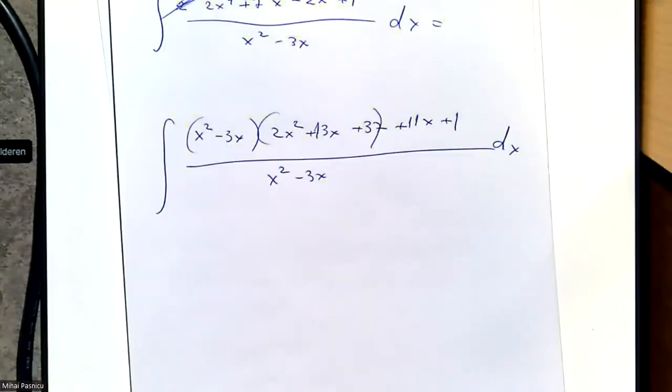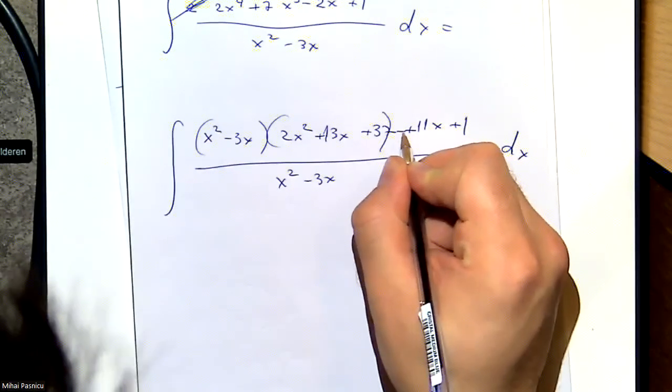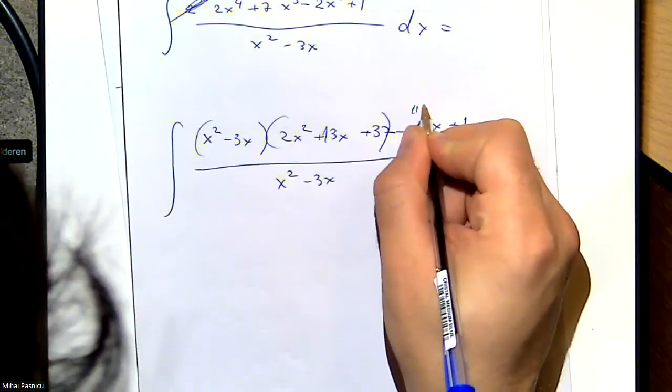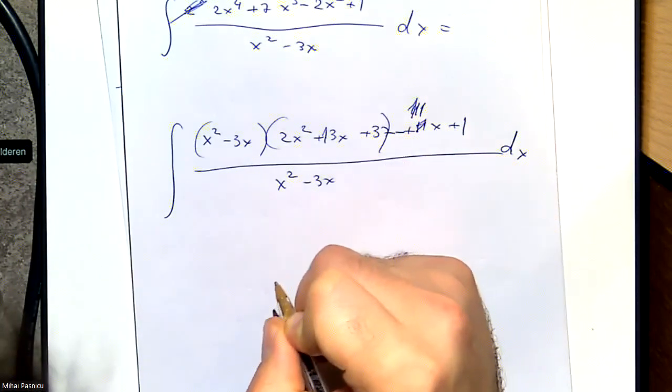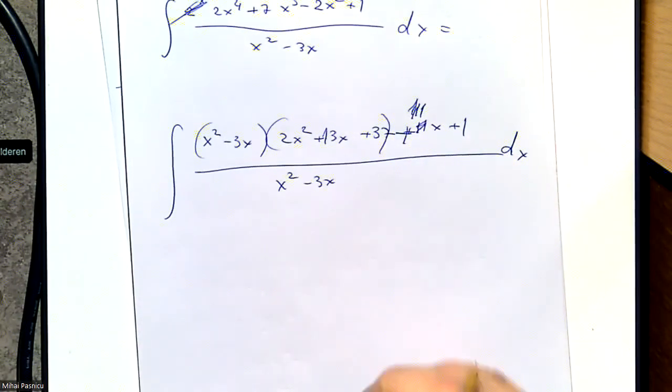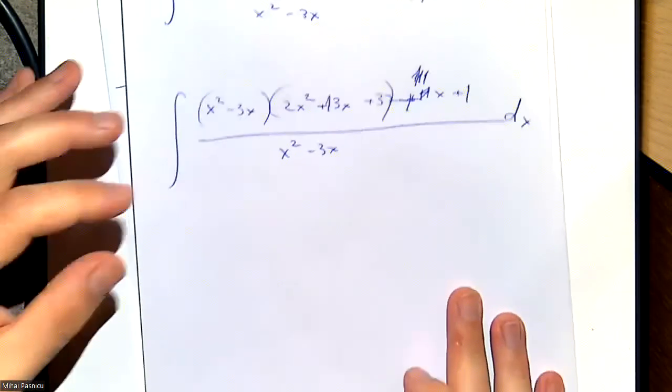Okay, and after I do this, I think this is supposed to be 111. Anyway, okay. Now, what I like to do after this, I just like to split everything. I don't know, it just works for me.